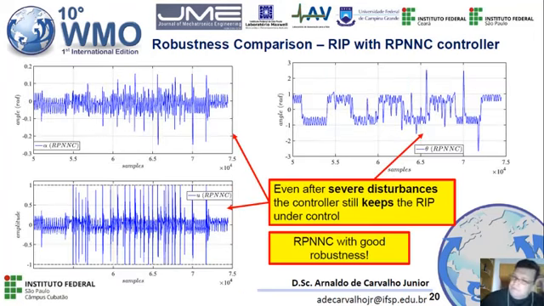The same kind of test was performed with the paraconsistent neural network controller. We applied several disturbances here. We can see several peaks during the arm movement, absorbing the impact of the pendulum disturbances, with some disturbances really strong, and the arm moved up to 3 rad to absorb the impact.